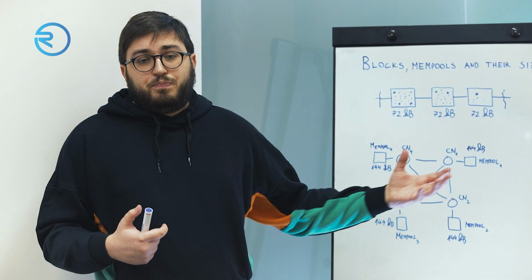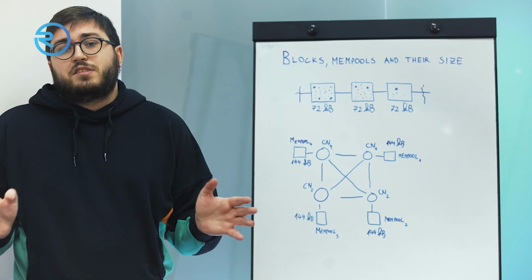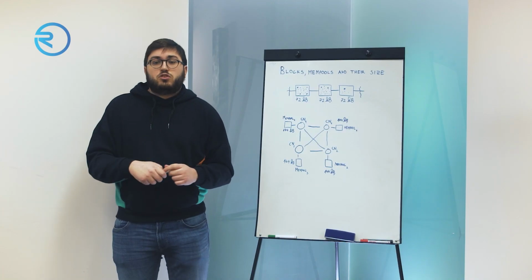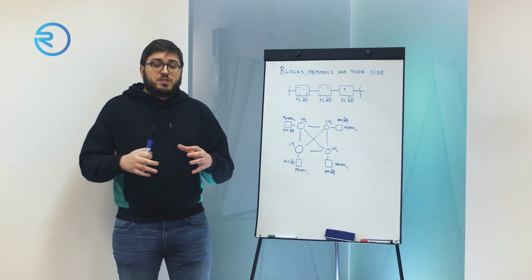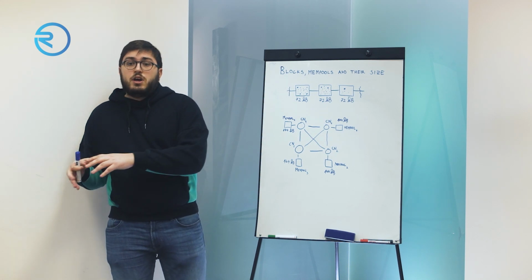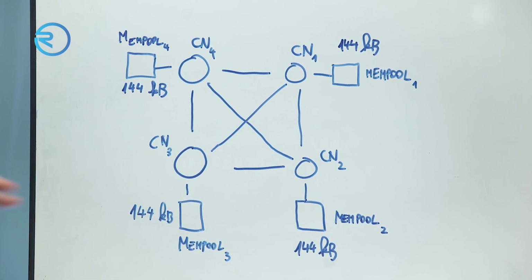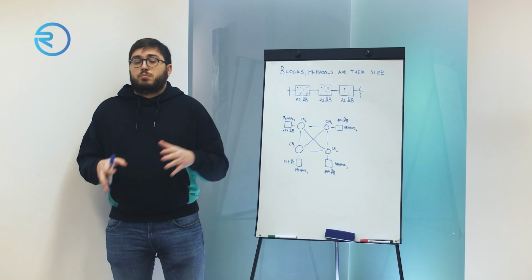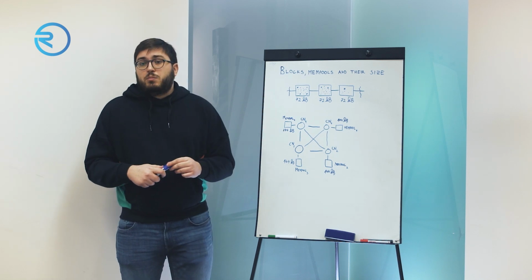accepted in the mempool. Now you can ask yourself, how does the mempool get cleared of past transactions? Well, once a new block is made, all transactions from that block are cleared from the mempools. Nodes say, okay, we've included this transaction in the blockchain, we no longer need to hold it in our memory.